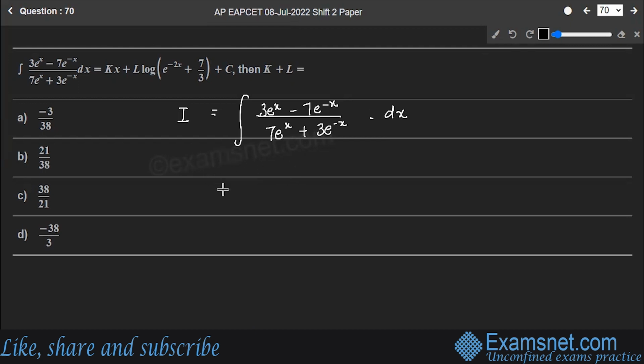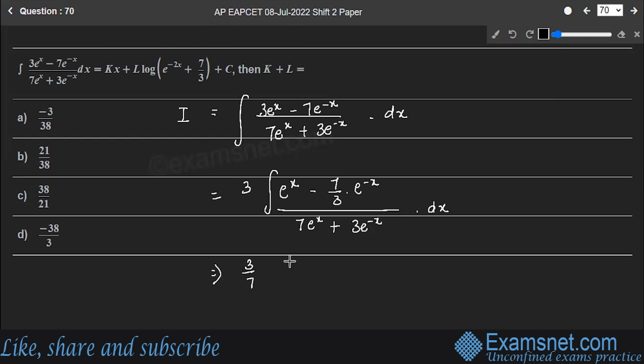Okay, I'll take the 3 outside. So you have 3 times (e^x − 7/3 e^(−x)) divided by 7 times this. So I'll take the 7 common from the denominator.